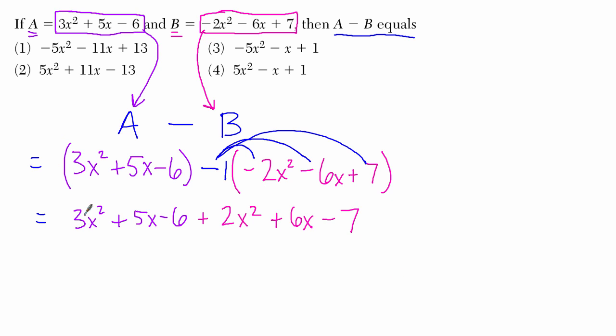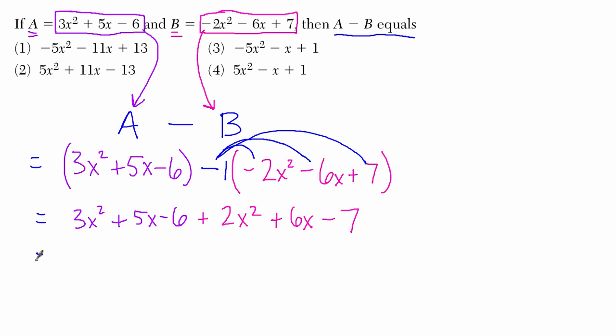So we didn't change anything in this trinomial here because we had a positive 1 up front. But we did have to switch the signs on this polynomial, from a negative to a positive, from a negative to a positive, and from a positive to a negative, because we had a subtraction.